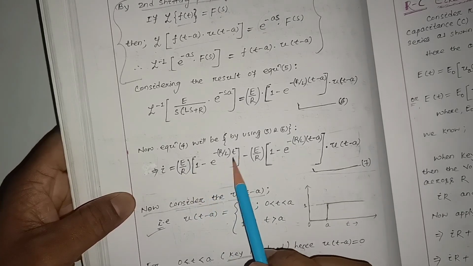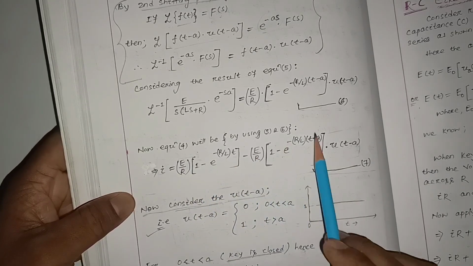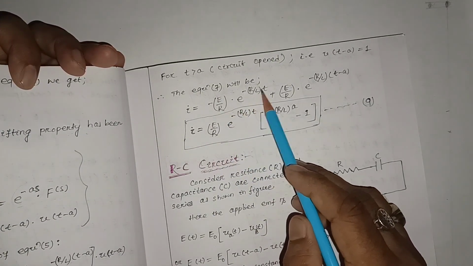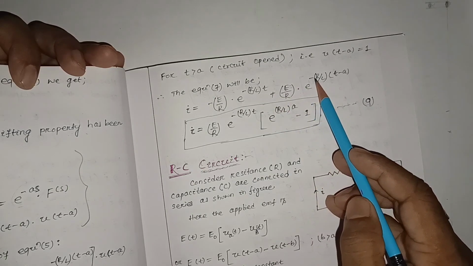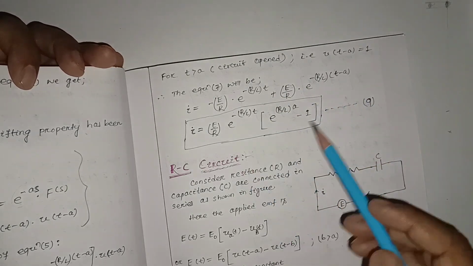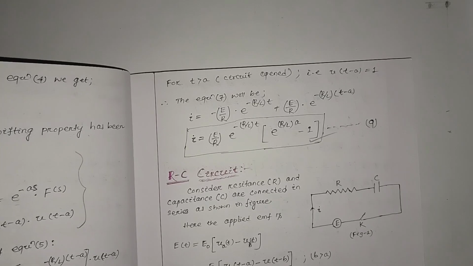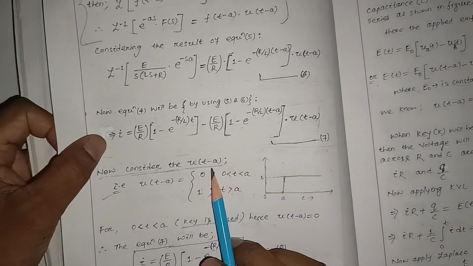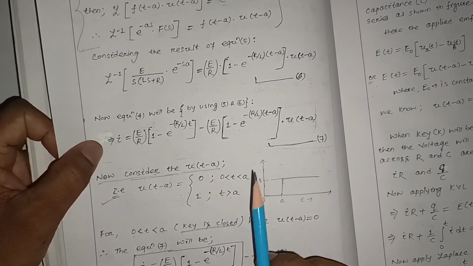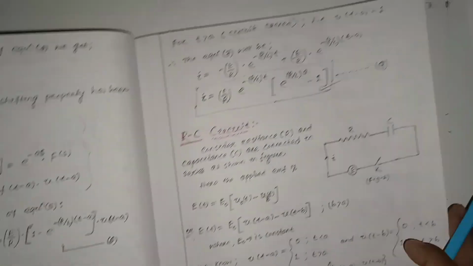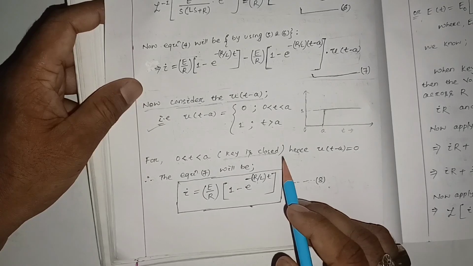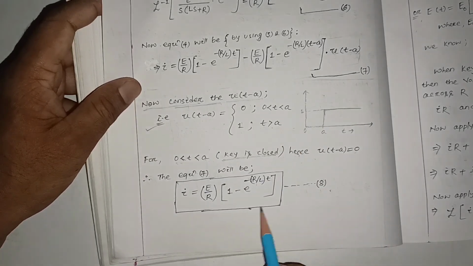E by R into this term plus E by R into this term, minus E by R into e to the power minus R by L into t, plus E by R into e to the minus R by L into t minus a. So this will be the solution for the LR circuit when, up to t equal to a, the key is closed and then opened. When the key has been closed for a short time period, that means up to t equal to a, the solution will be this one.